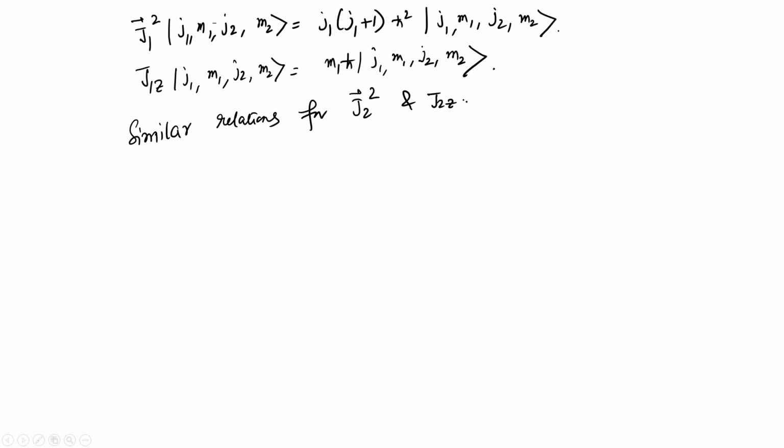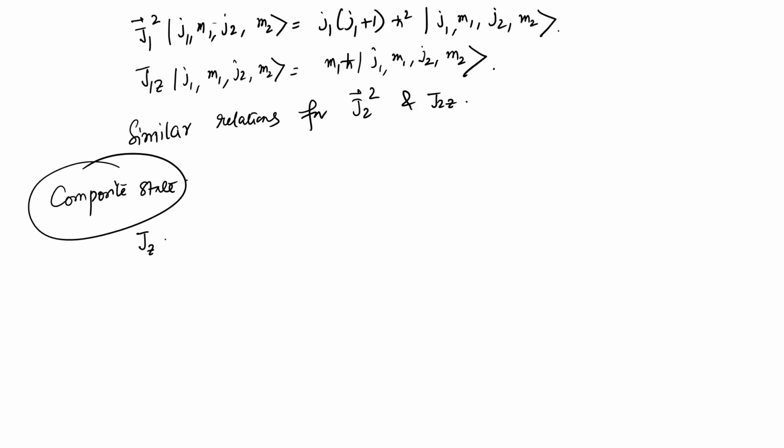Okay. So, now let us work with the composite state. Let us write down the composite operator, which is equal to J1Z plus J2Z, and see what that does on J1 M1 J2 M2.